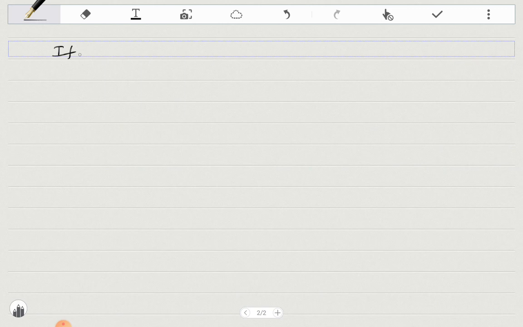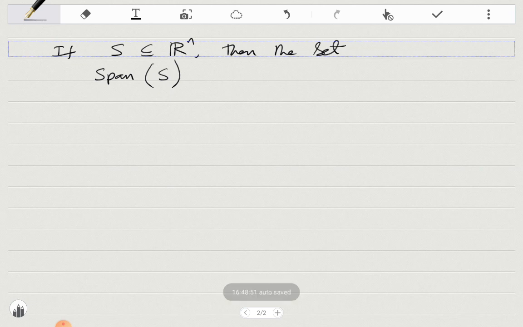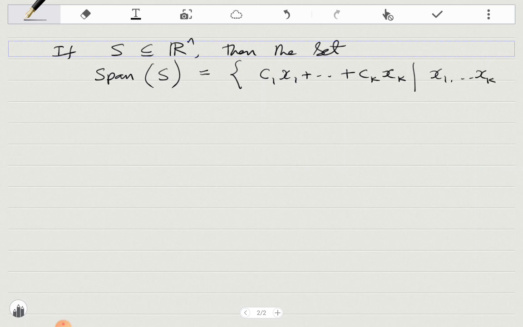If I have a subset S of Rn, then the set span S is defined to be the set of all linear combinations of elements of S. Now in this definition of the span, this k is not fixed.